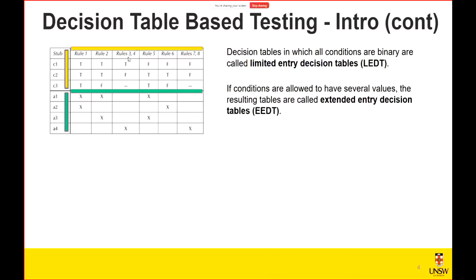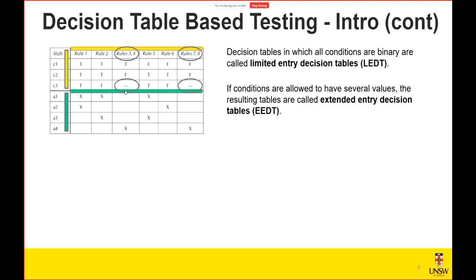just now we mentioned each column in the entry portion corresponds to a rule. But in this table, we can see that sometimes two rules could be put into one column here. This is because of the hyphen symbol here.